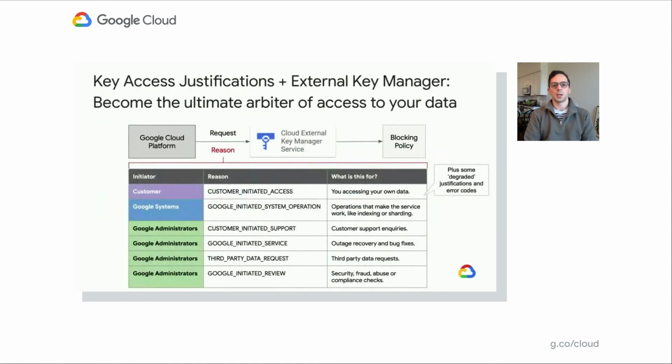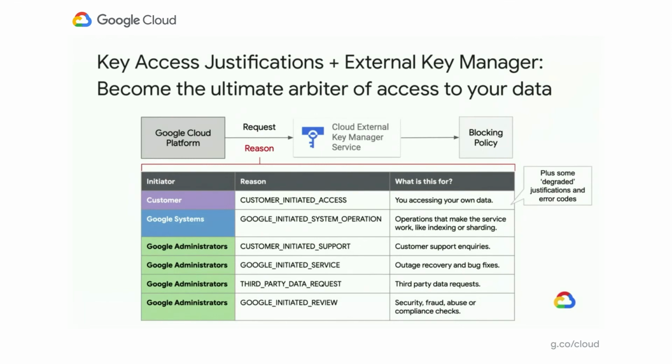What we're now going to see is how you can use blocking policy on these requests. When each request comes through, you can set a policy at your external key manager that contains any combination of allow or deny rules that you want. You can say, for example, block all access. And the key will become completely unavailable and Google will have no access to your data whatsoever.